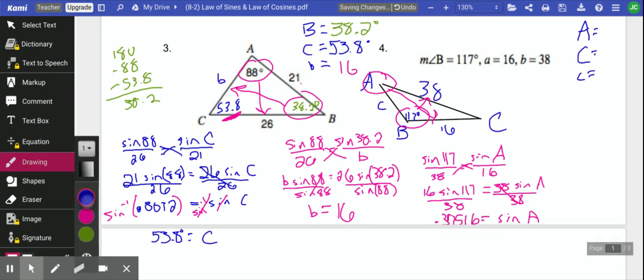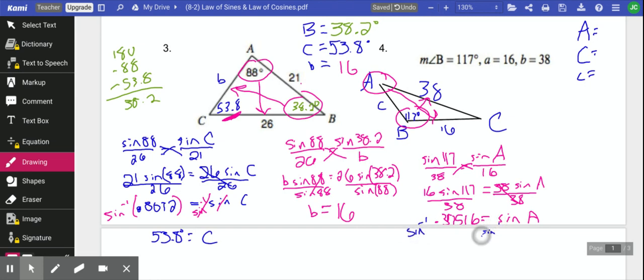And then remember to find A, we're going to take the inverse sine of both sides. Inverse sine and sine cancel each other out. So that leaves us with A is the inverse sine of that decimal that I just got. So when I put that into the calculator, I get 22. This is an angle, so 22 degrees.